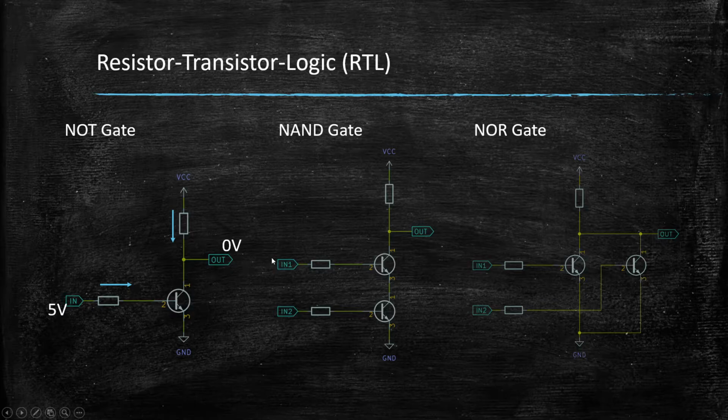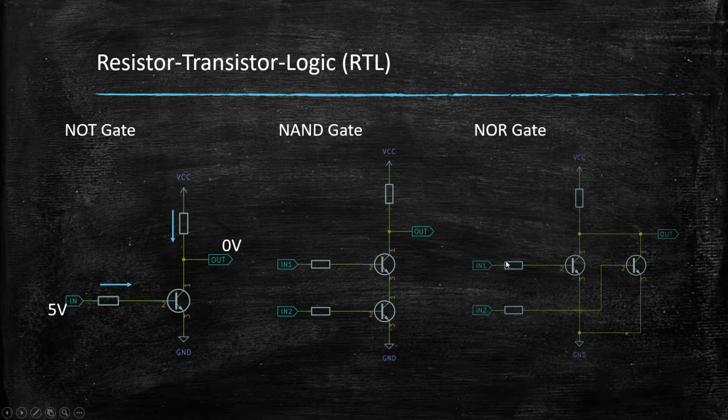And yes, you might imagine it works similarly for our NAND gate, only that we have 2 transistors in series, which means we can only pull our output to ground once both inputs are actually high and conducting current through the bases of those transistors.